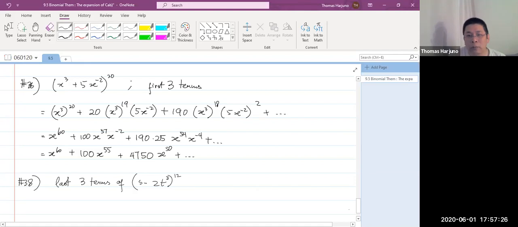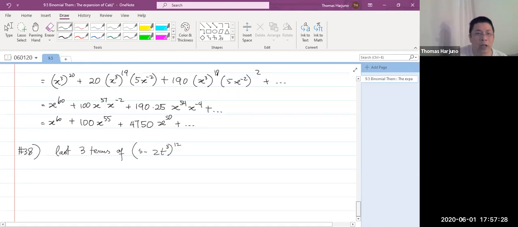So I will do it from the last terms instead, but I still write it in correct order. So the last term is here, right? That's negative 2t cubed to the 12, and then s times negative 2t cubed to the 11, s squared times negative 2t cubed to the 10.